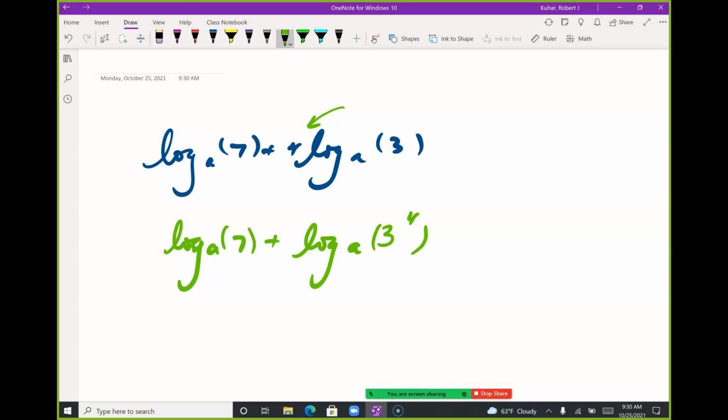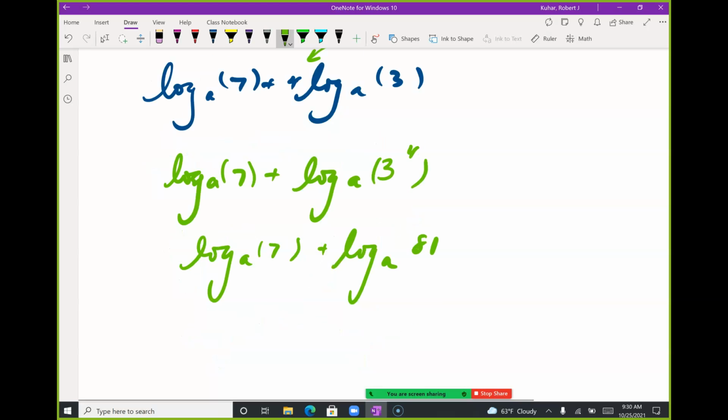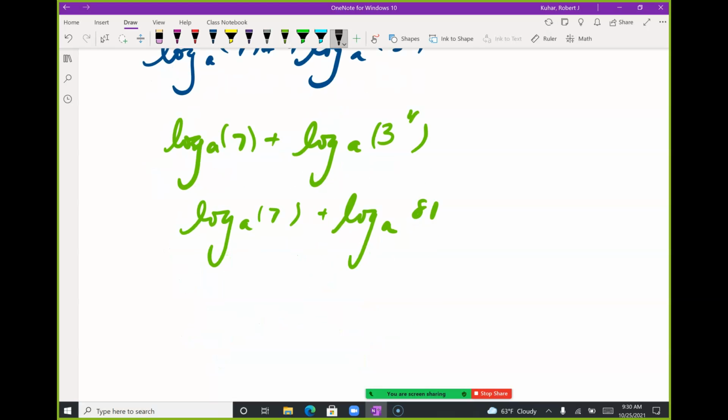Now 3 to the 4th is 81. So anytime I can simplify things like that, I will. And now I see that I'm multiplying these 2 arguments, right? And I get a final answer of log base a, well, not final, 7 times 81. Which is what, 257?